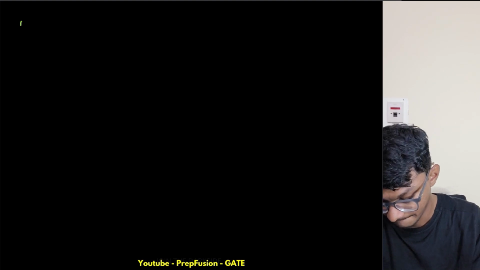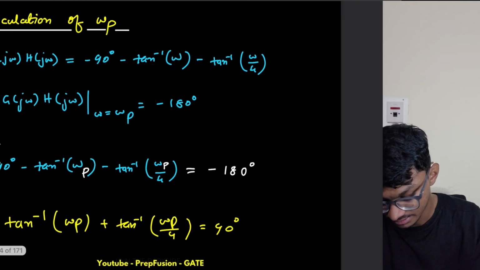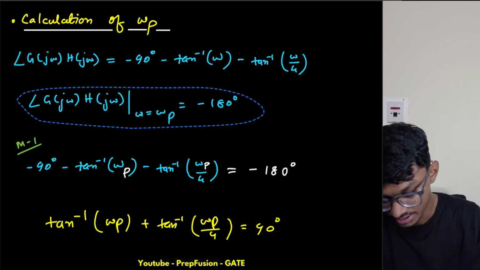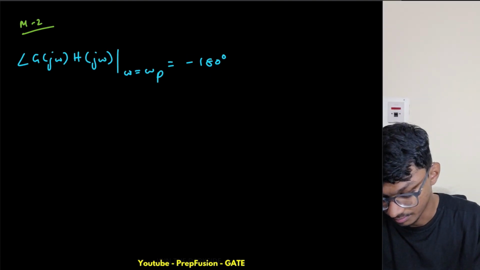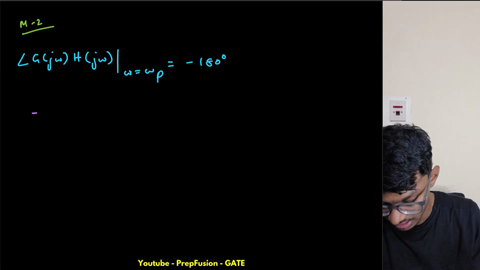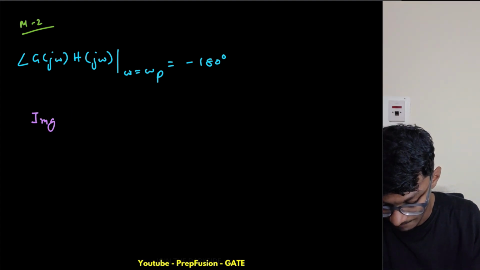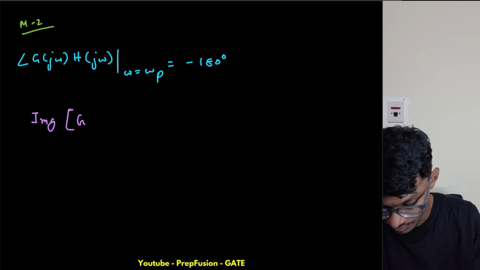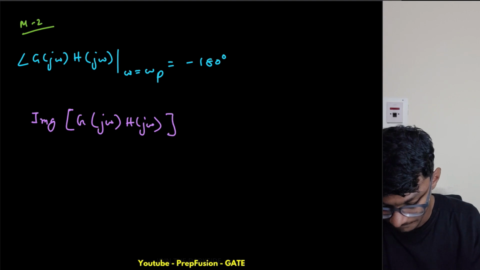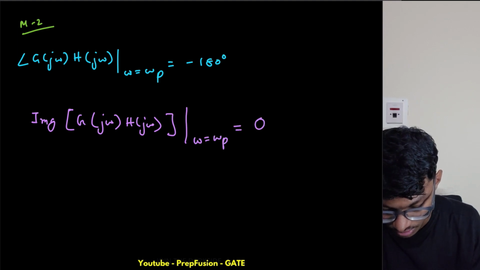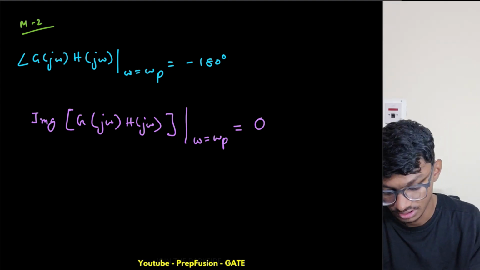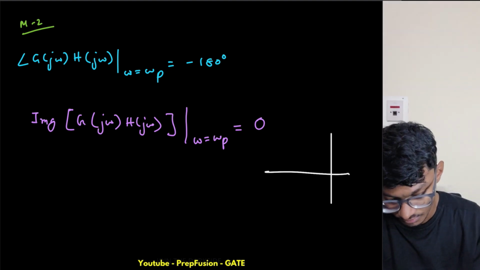In method 2, because my angle is minus 180 degrees, it is lying on the negative real axis, hence the imaginary component of g of j omega h of j omega at omega equals omega P will be 0.